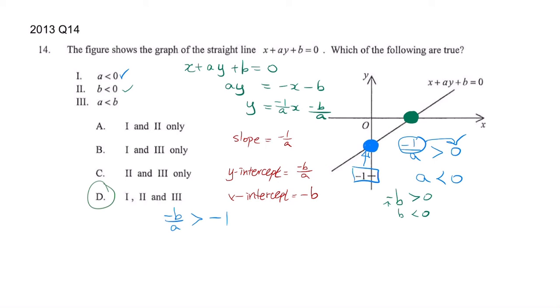And then now let's move the things. So remember, a itself was negative. So if you move a to the other side, the sign changes. So that's why it will be -b less than -a, like that.